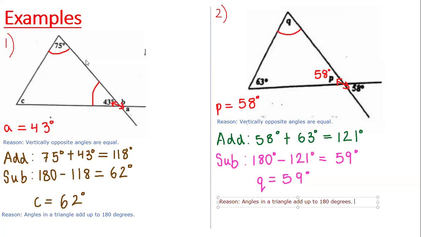Jordan Dames, where's Jordan? Yes, sir. Jordan, have you sent in your work yet? No, sir. Have you written it down? Yes, sir. Okay, so you know my number, so take a picture of your work and send it to me via WhatsApp. All right?